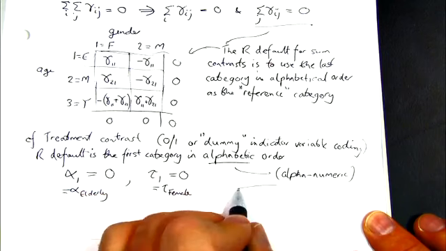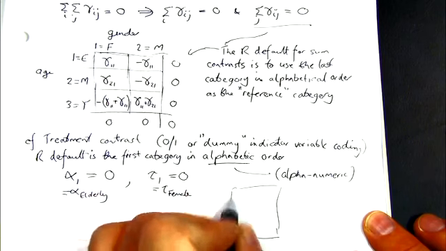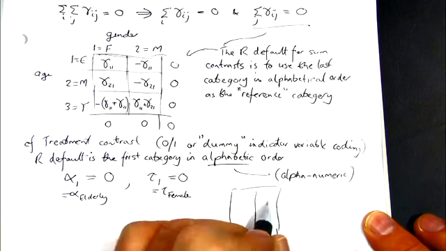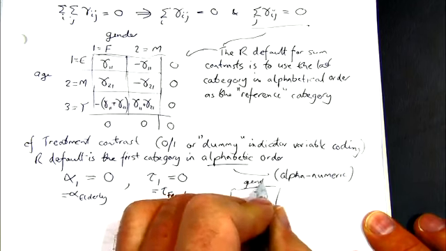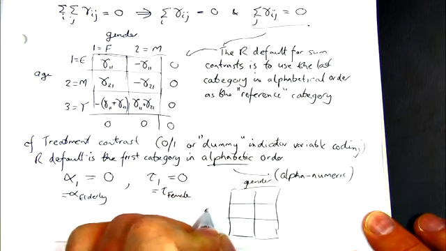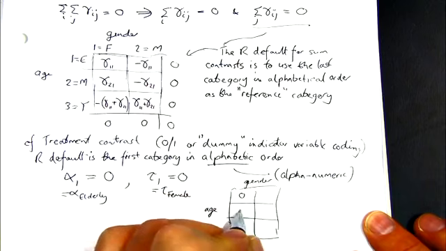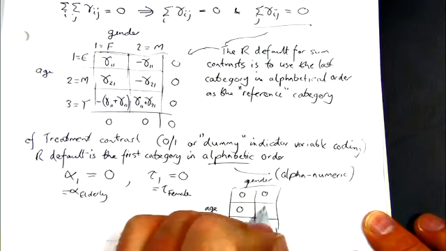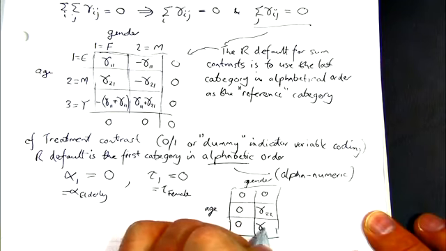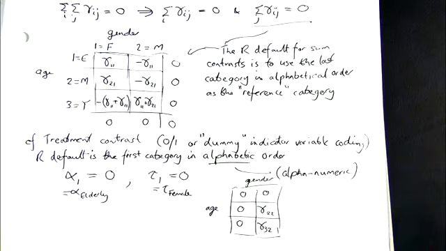And here's my gender times age setup. I'm going to set that one to 0, that one to 0, that one to 0, that one to 0, and I'll basically fit these two. So that in each row and column, the first one is 0, and again, constrained all the way around.